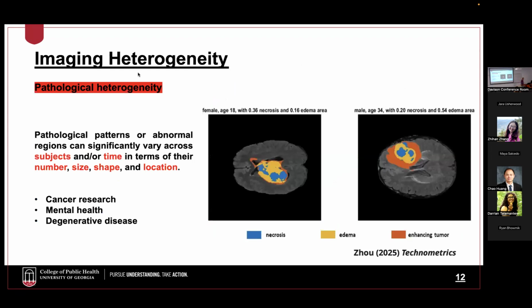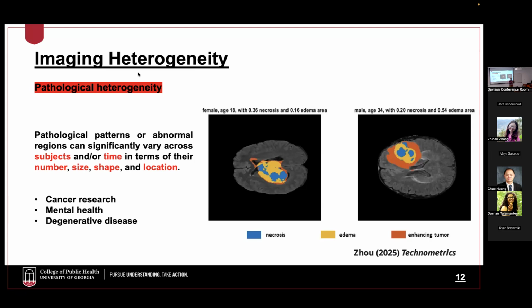And when we talk about imaging heterogeneity, actually we have different types of imaging heterogeneity. The first one is pathological heterogeneity. So what is pathological heterogeneity? When we get imaging data sets, the data may be collected from patients.